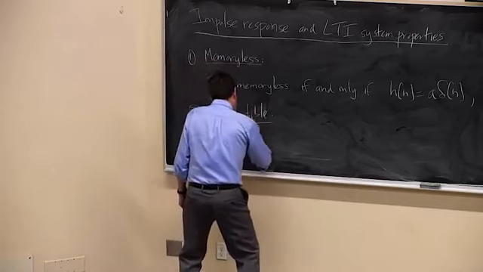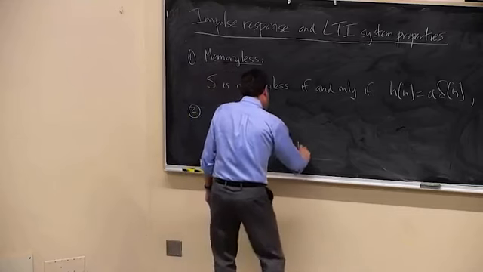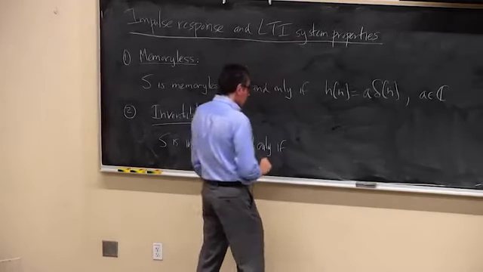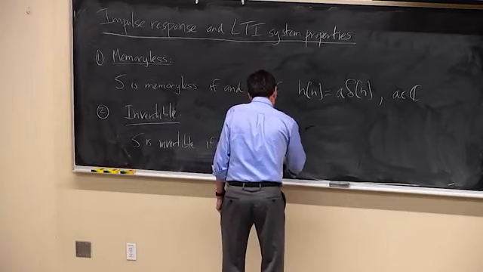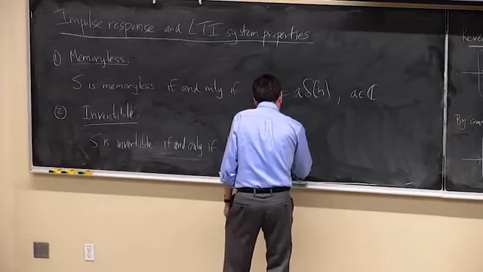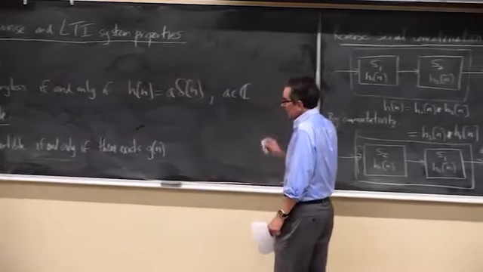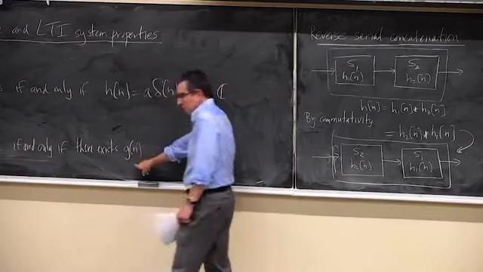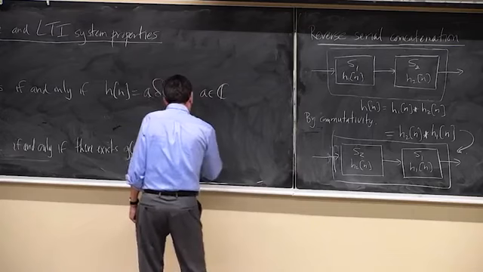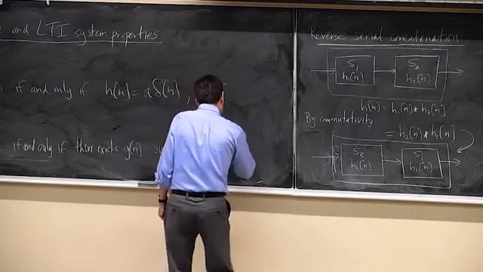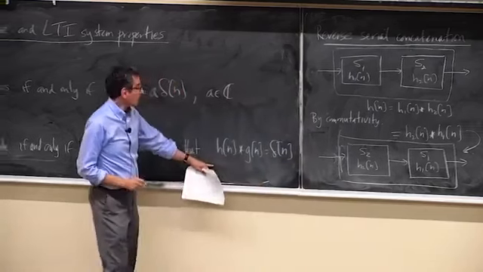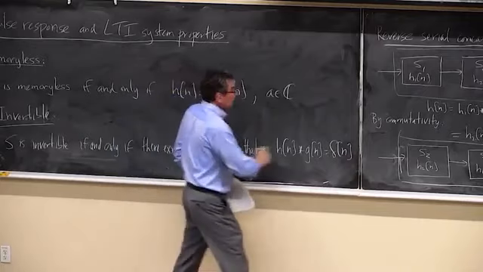Well, S is invertible if and only if there exists, and I'm going to express it again in terms of discrete time systems, but we're going to see that all of these will be analogous for continuous time, if and only if there exists a g of n such that h of n convolved with g of n is delta of n.